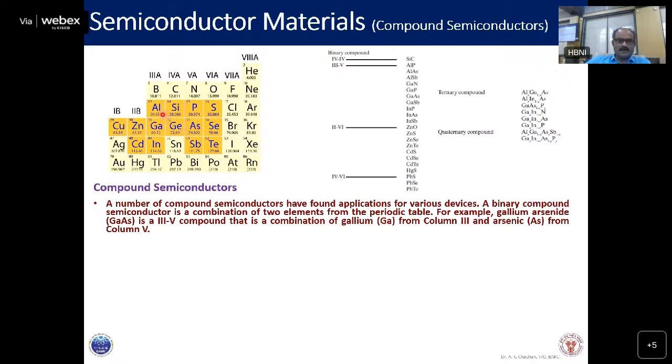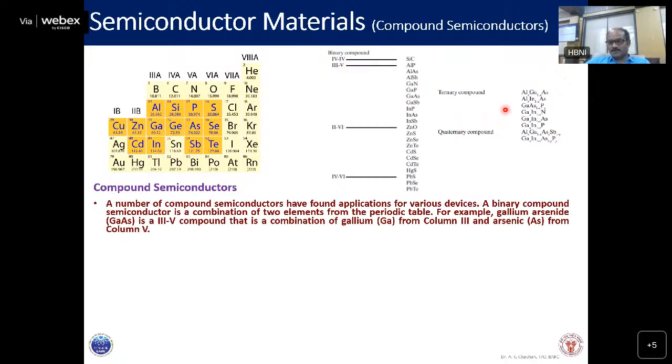So gallium arsenide, aluminum phosphide, indium antimonide. In the same way, you can have different combinations. These are called binary compounds. There are several: silicon carbide, aluminum phosphide, aluminum arsenide, aluminum antimonide. These are third-fifth binary compounds, second-sixth binary compounds, and fourth-sixth binary compounds.